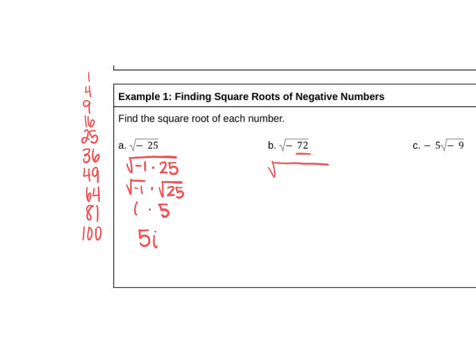But first thing I can do, see that square root of -72? I'm going to pull that negative out, and I'm going to turn that into a -1. -1 times 72. Now I just got to break up the 72. What's the biggest perfect square you can divide 72 by in that list? What's the biggest number that'll divide by?